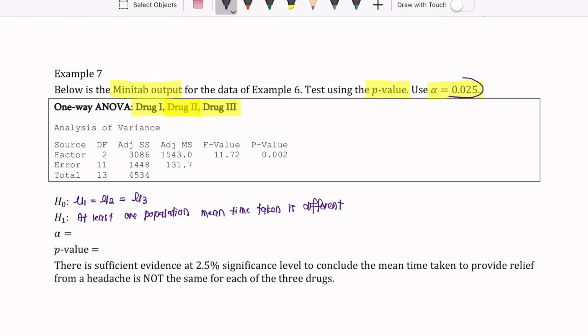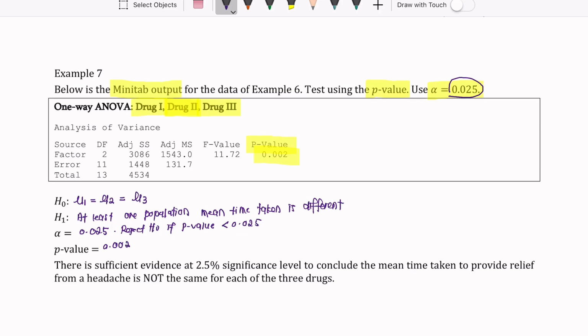Alpha is 0.025. The decision rule is we reject H0 if p-value is less than alpha. P-value. Based on the output, we have p-value 0.002.